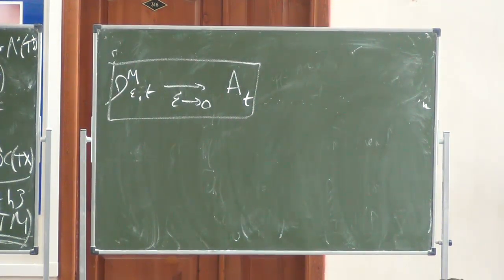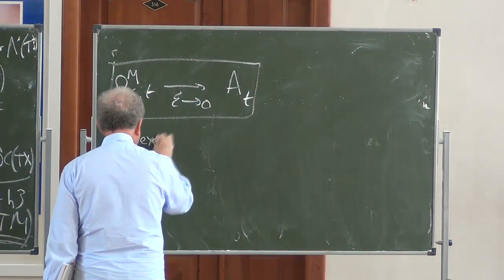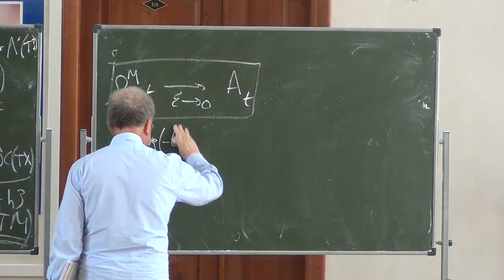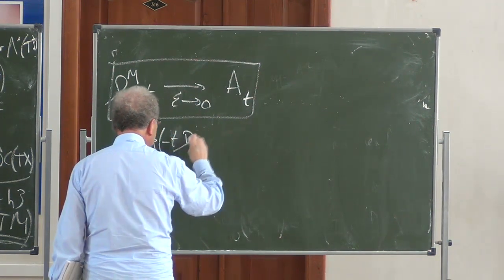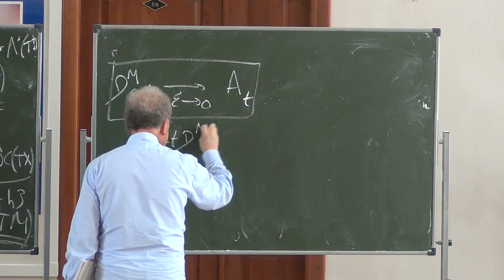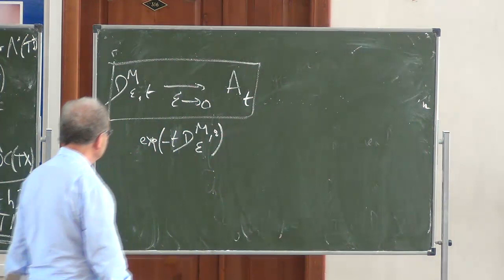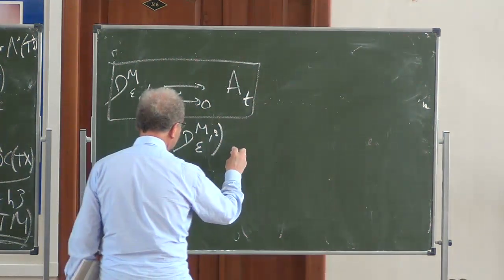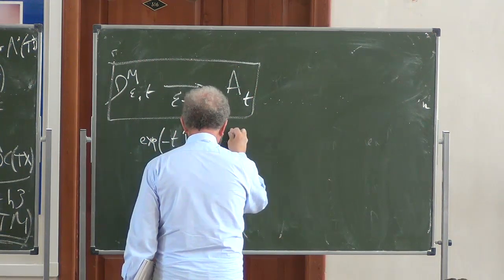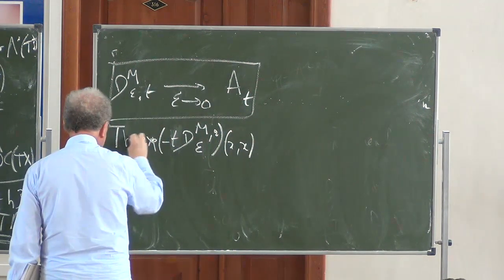Okay, so how can we use this? Let me try to explain how to use this. Let me introduce the operator exponential of minus t times D^{M,epsilon} squared. I take its supertrace.